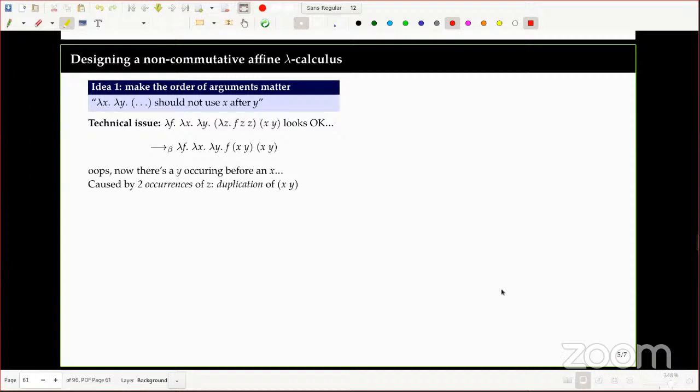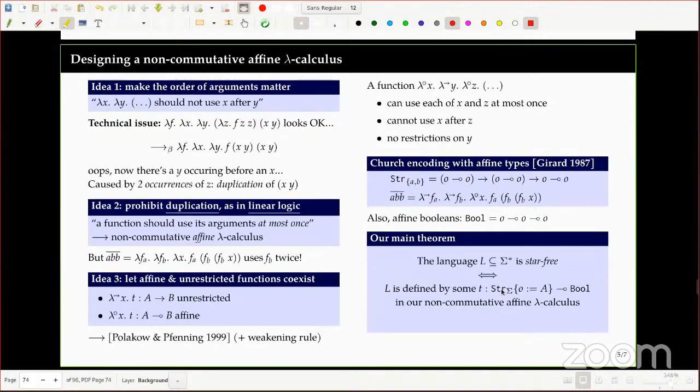So this leads us to our main result, which tells us that a language is star-free if and only if this language can be defined via a lambda term in a non-commutative affine lambda calculus.